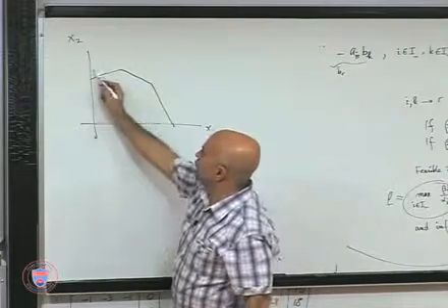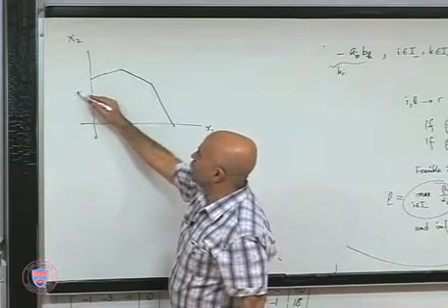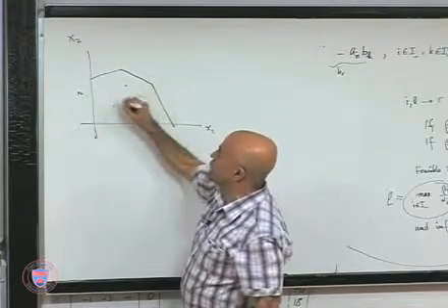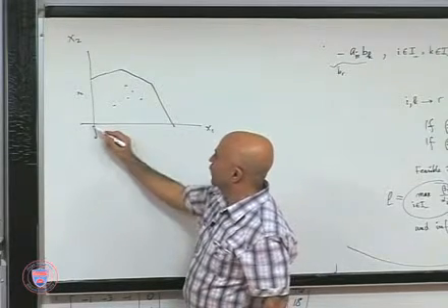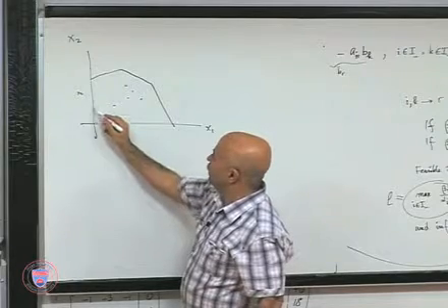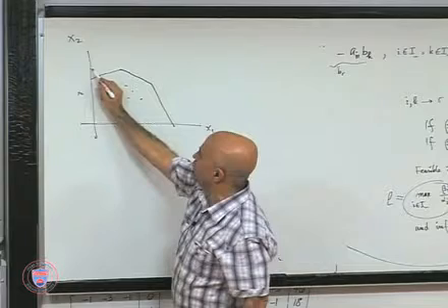What is the shadow? The shadow is the set of all x2 values you could obtain from points inside here. And so you could obtain 0 and any of these values. You could also go up to here, because there's a point here that will give you that.